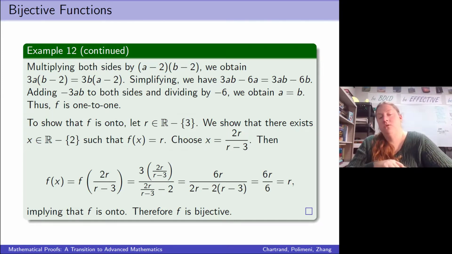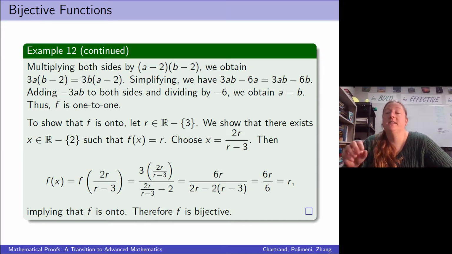So we're going to take some element r in the real numbers without 3, so some element in our codomain, and we need to show that there exists some real number other than 2, so some element in our domain, such that f of x equals r.